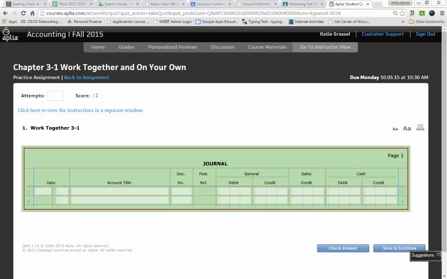So here's a special column. You ready? Sales. This is a special column. Why? It actually has an account title to it, right? We have an account called sales. And notice that we have only sales credit. Why wouldn't they give us sales debit?